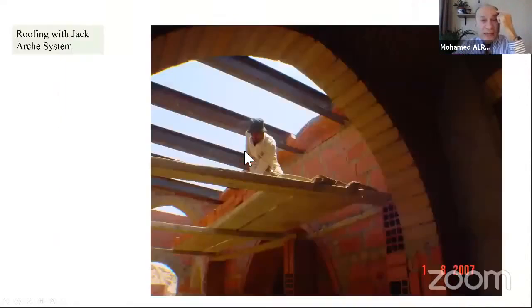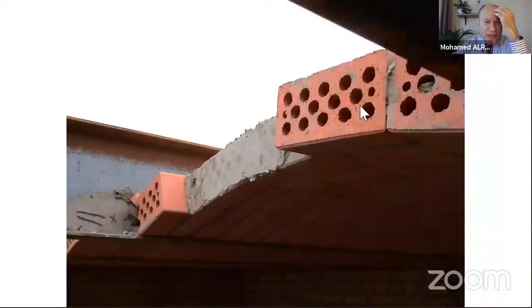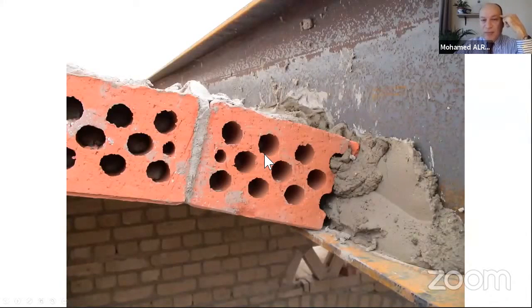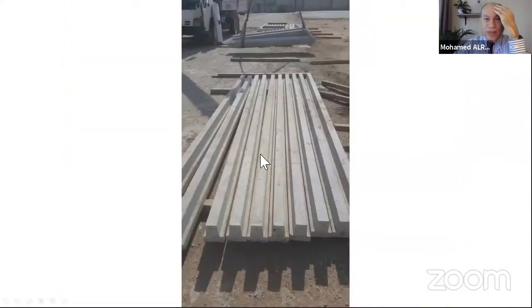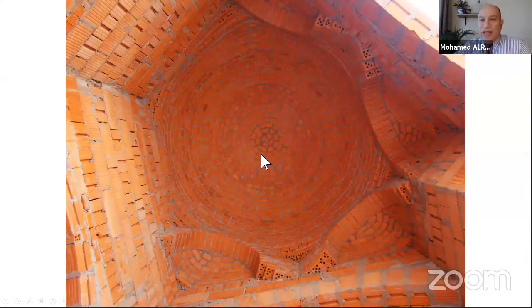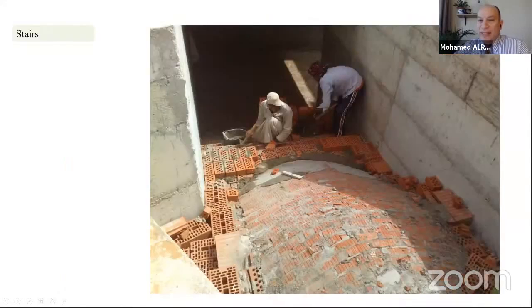We have something called the jack-arch system, which is composed of segmental vaults standing over steel beams or reinforced concrete ribs. This is the image from inside. We can cover any space, any shape, with just bricks only. We can make even the staircases.